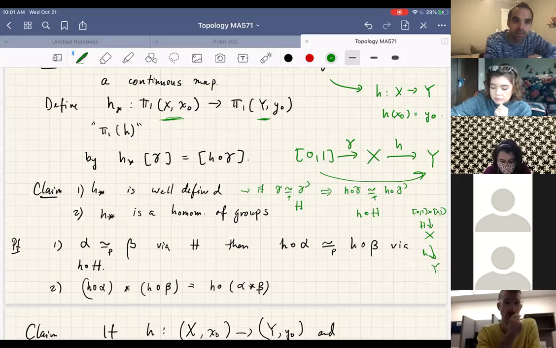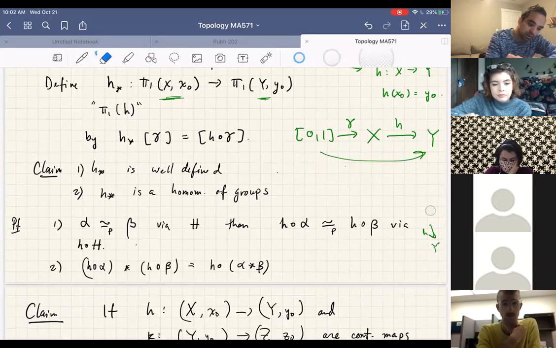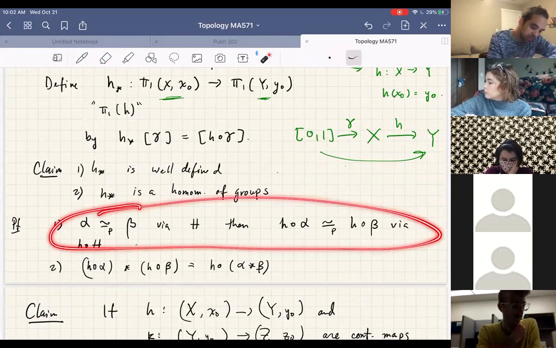Okay. So that first claim is straightforward. I just wrote it here. Yeah, sorry. Didn't see that. So it's written down here. This is what I just said.